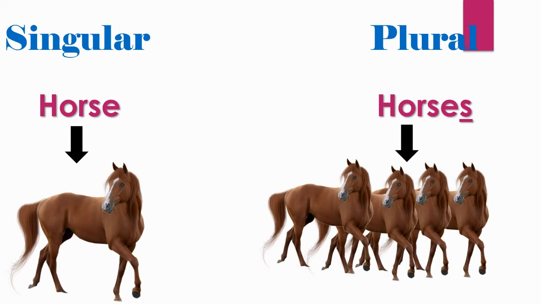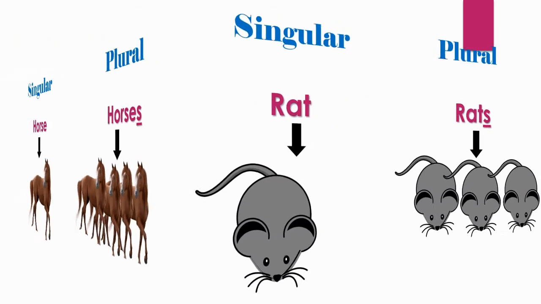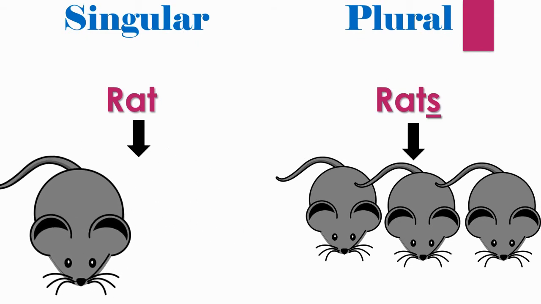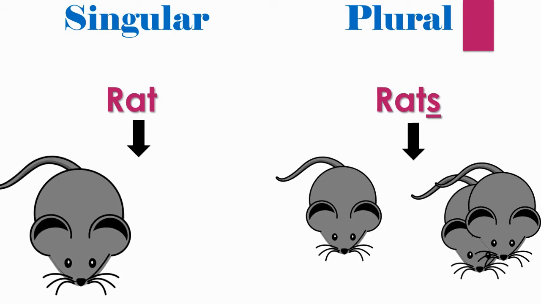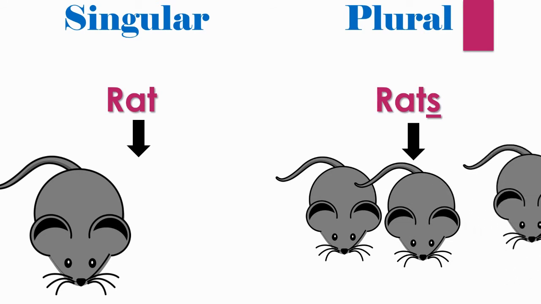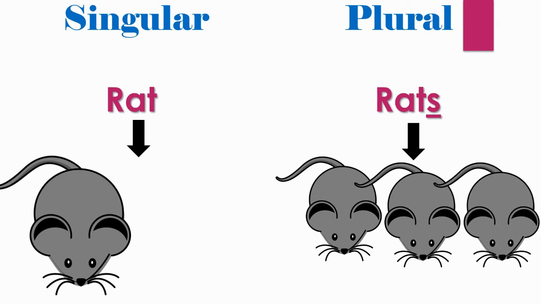Next example, horse, horses. Can you all see the number of horses in the plural column? Yes, there are 4 horses. So, it is more than 1, and that's why it is the plural form of noun. Next example is rat, rats.